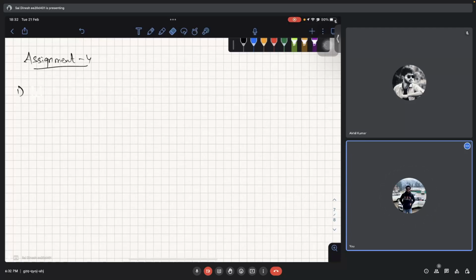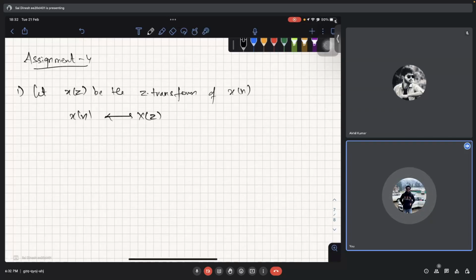Let x of z be the z transform of x of n, that is x of n and x of z be a z transform pair, where z naught belongs to c, the complex numbers.